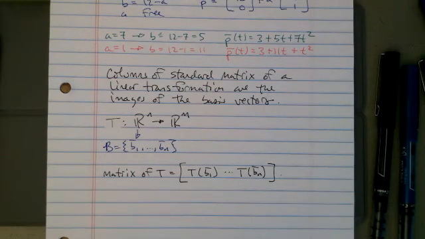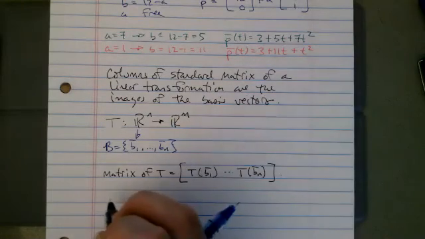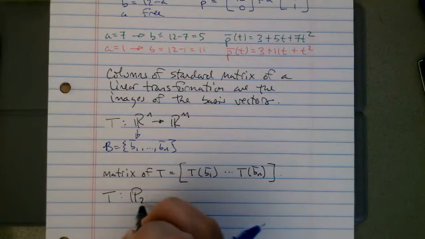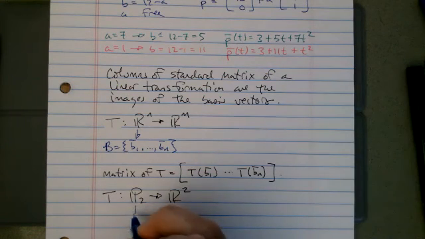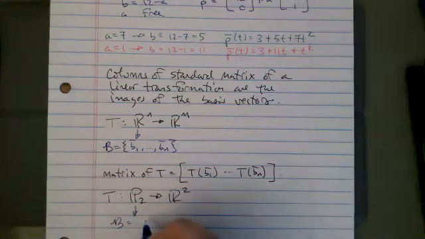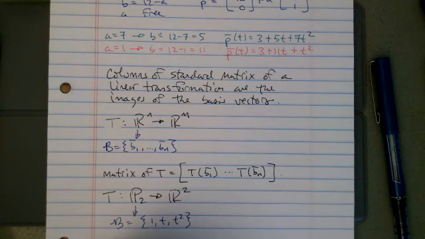For P2, so if T maps P2 to R2, doesn't matter what, the standard basis for P2 is 1, t, and t squared. So the matrix of T will be the image of 1.